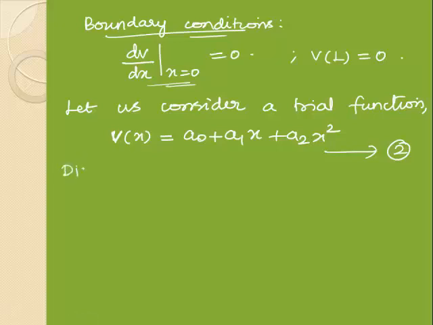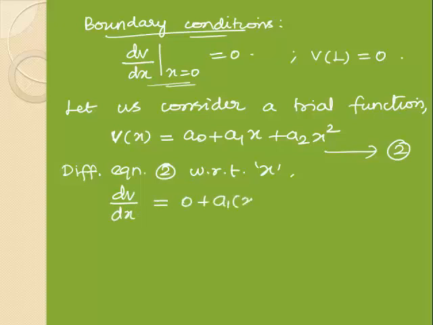So dv by dx will be: the differential of a0 is 0, plus a1 into x is 1, plus a2 into 2x. Now we can apply the first boundary condition in equation 3.